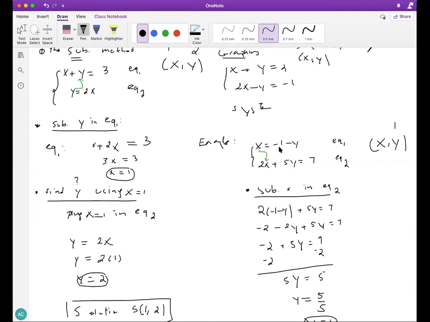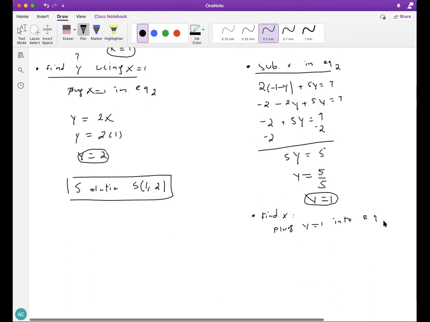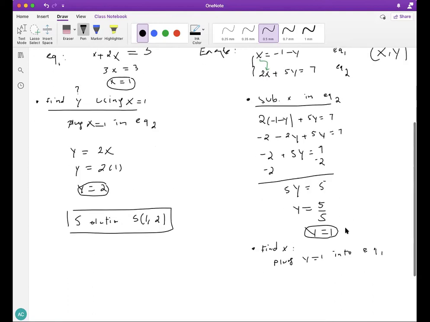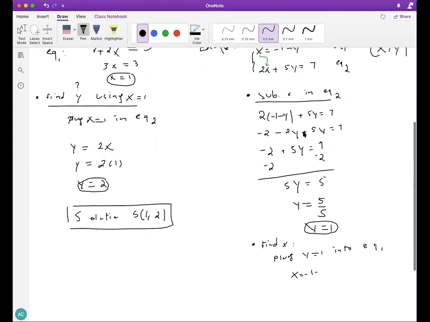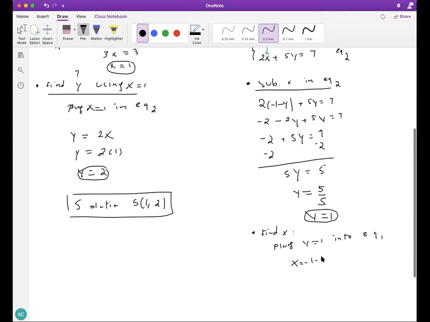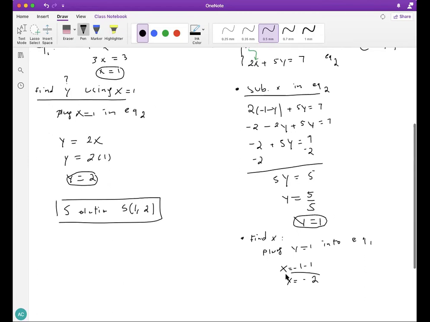So this is convenient. Plug it into equation 1. So x would be -1 minus y. Again, we found y to be 1. So x is -2. Okay, so we have both x and y.